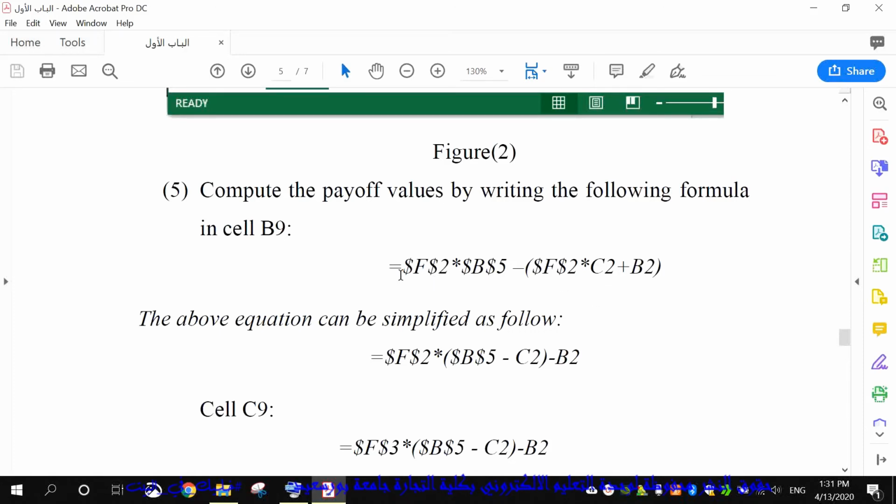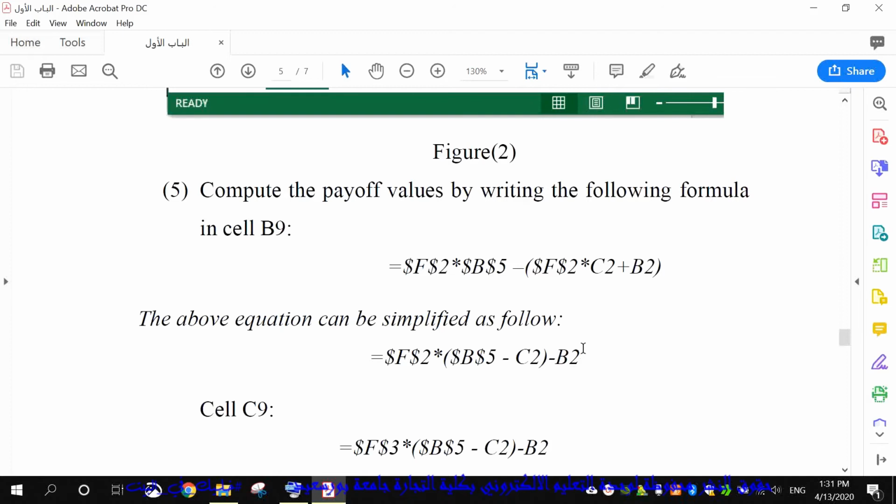These equations can be simplified in the following form. By taking F2 as a common variable, you will get F2 multiplied by round brackets. The remainder will be B5 minus C2 minus B2.